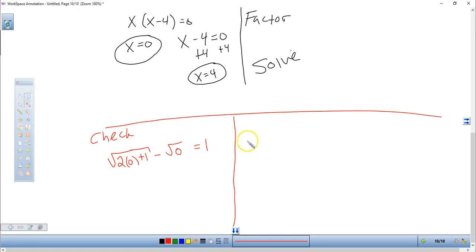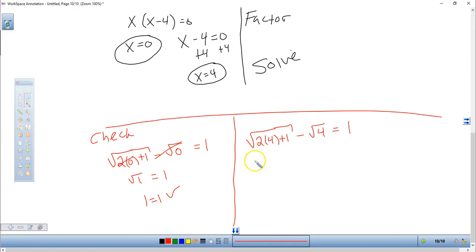Other check is square root of 2 times 4 plus 1 minus the square root of 4 equals 1. Over here 2 times 0 is 0, so I've got square root of 1 minus 0. That's 1 equals 1. That works out.